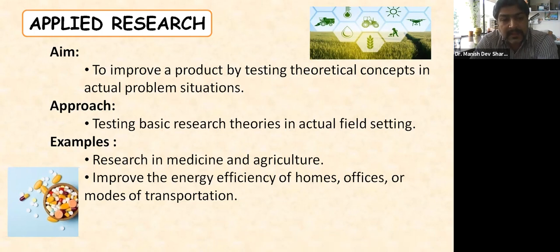So this is basically research in the applied area, or you can call it applied research. Actually, the whole thing is governed by the problem. The problem defines which particular set of models is applicable in that research problem.